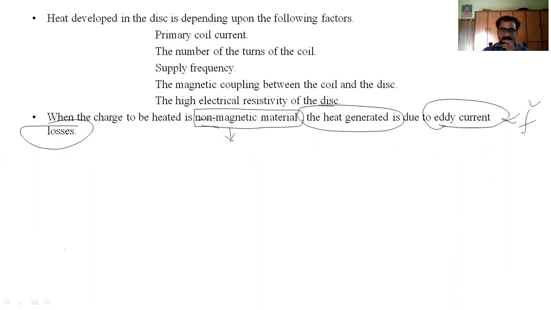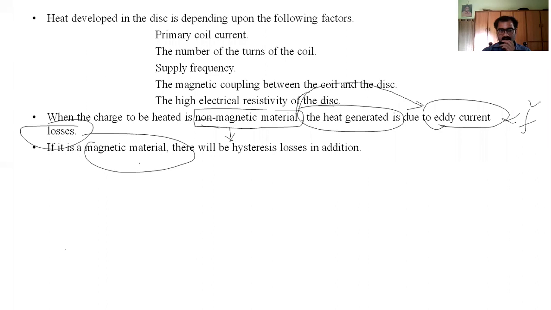So please keep in mind: in non-magnetic materials, the heat is generated by eddy current loss. In magnetic materials, the heat depends upon the hysteresis loss, which depends upon the supply frequency.